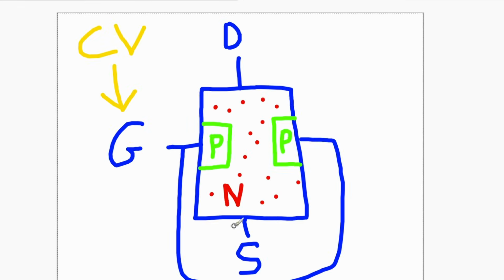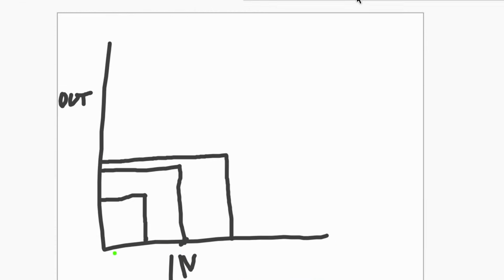There's just not enough conductive material here to create a sufficiently large pathway for the current to flow from the drain to the source. So it just can't conduct that much current. So it starts to not be able to produce the same output voltage as the input voltage. And then we increase the input voltage again, and it just can't handle it.